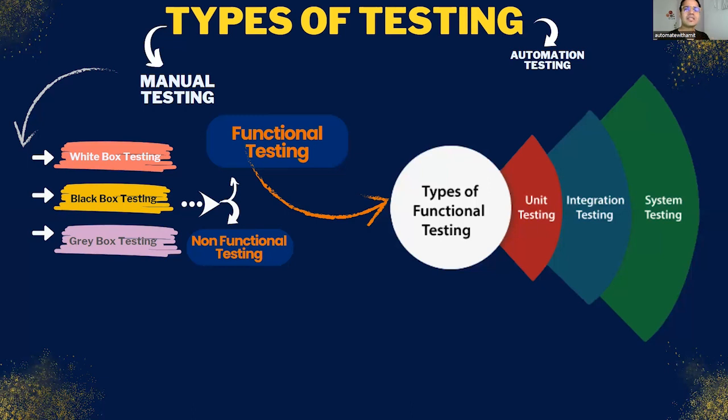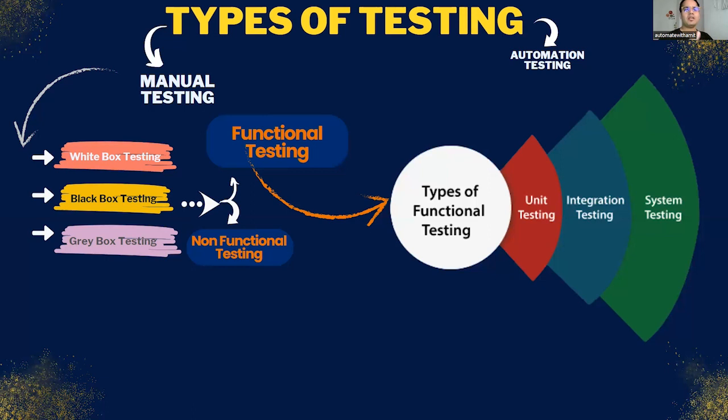Third comes system testing. System testing does not only involve the software part, but the hardware part also. If I give you one example, in a kirana store, a departmental store, there is a website which helps the shopkeeper to make a purchase, make an invoice or something, and once payment is done, it prints the invoice, the bill.